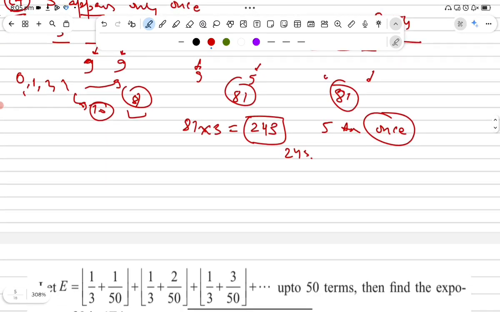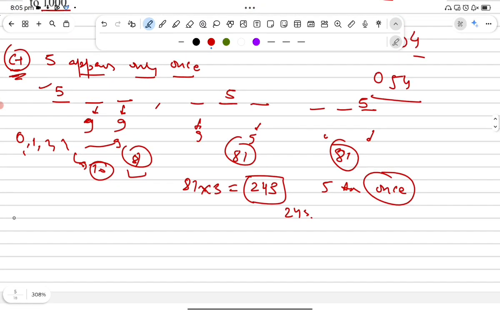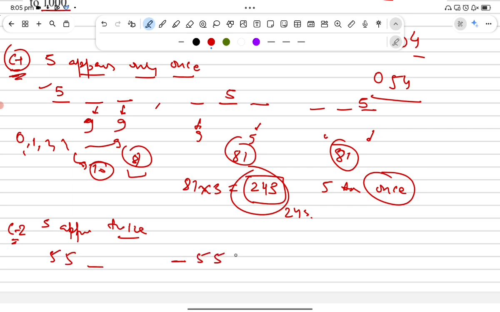Now, talking about the second case, 5 appears twice. Now we'll have to multiply the answer that we find by 2 because we have to count the number of 5s, right? So the subcase 1 would be 5 5 blank, blank 5 5, 5 blank 5, right?